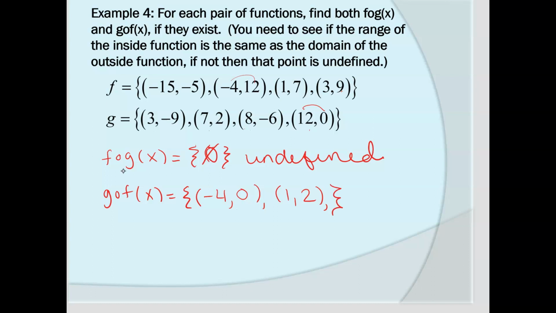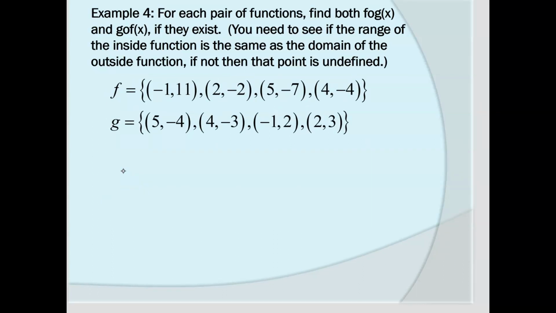Let's try this again with a different problem, because those are a little tricky. So f of g of x. So again, what we're doing is we're starting here and going to -4. So then you look for a -4 up here. Doesn't exist. 4 maps to -3. Look for a -3. Doesn't exist. -1 maps to 2. 2 maps to -2.